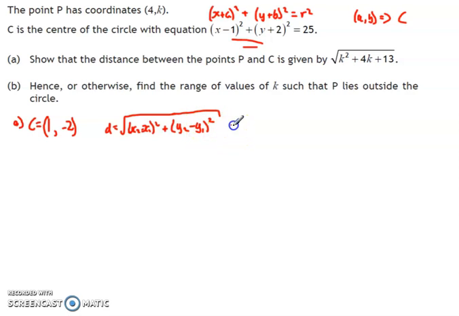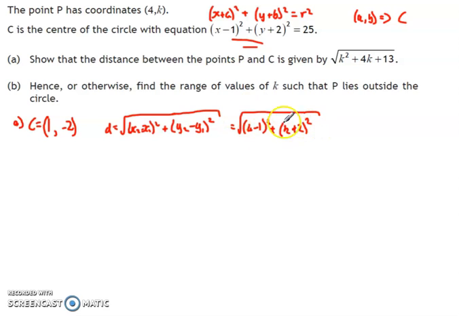So let's start substituting the points in. Let's make this point x2, y2 and this point x1, y1. It would then be given by the square root of (4 minus 1) squared plus (k minus minus 2), so that gives me (k plus 2) squared.